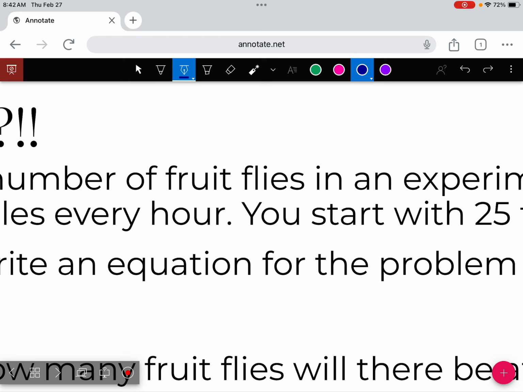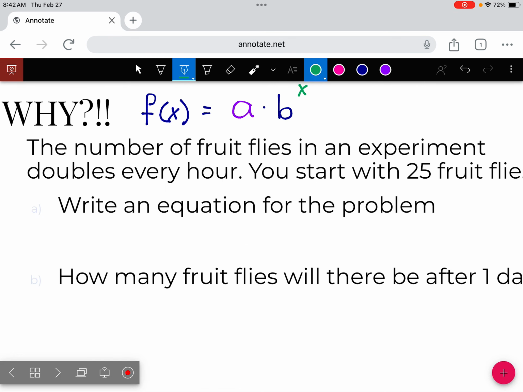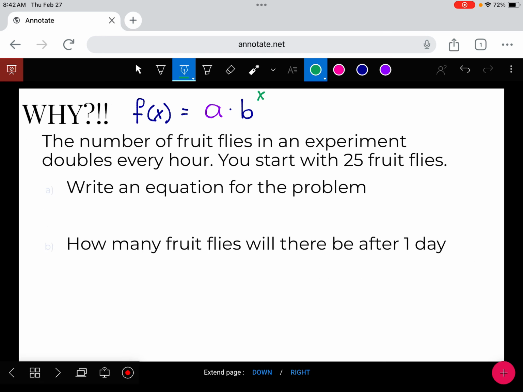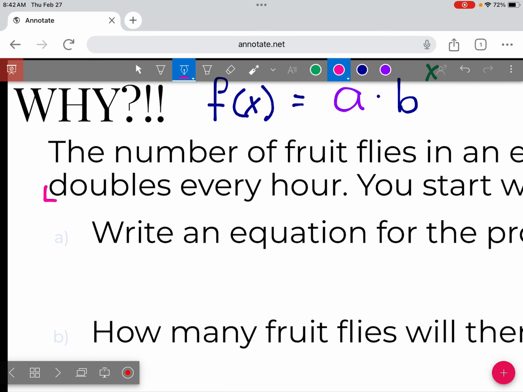So if we think about our function, our initial function, where we have our f of x, which is, again, y, is our a times b to the x. Remembering that a is our starting amount and b is our how it changes. We've got here that the number of fruit flies in an experiment doubles every hour. And we're starting with 25 fruit flies. What does it mean for something to double?